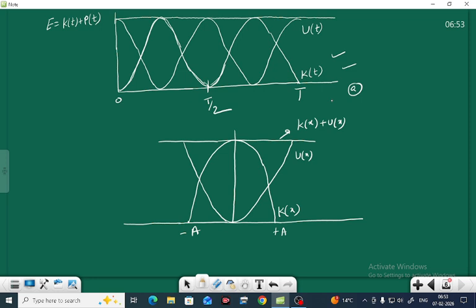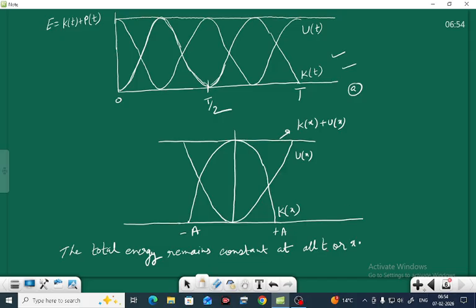The total energy remains constant at all t or x. So the total energy is constant, but the kinetic energy and potential energy are variable, right?